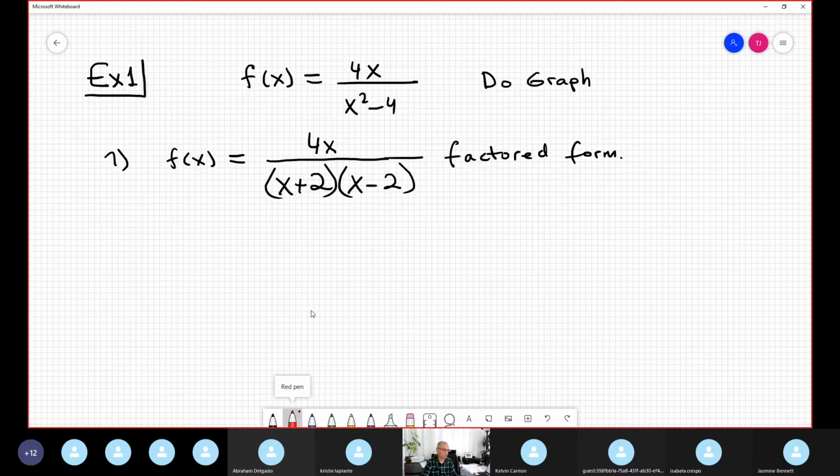Therefore, we have no holes. Do the holes in this problem exist or do not exist? Do not exist. Very well. Because we cannot simplify any factor in this problem. Super good.